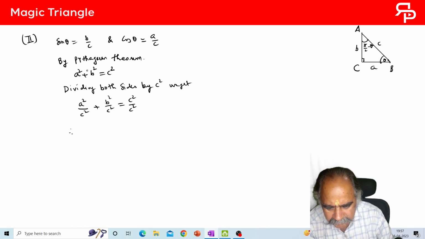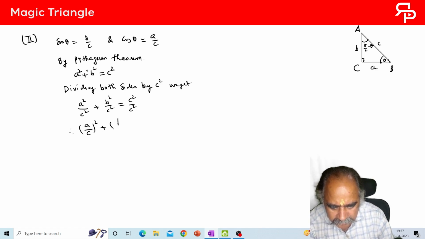This is A by C the whole square plus B by C the whole square is equal to 1.